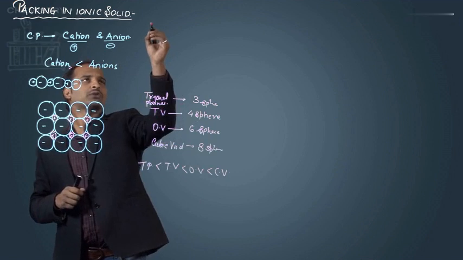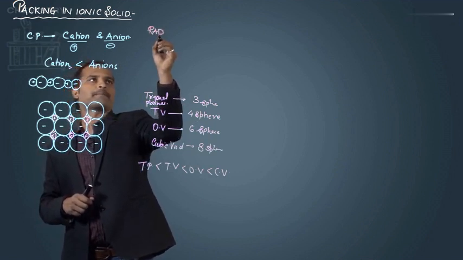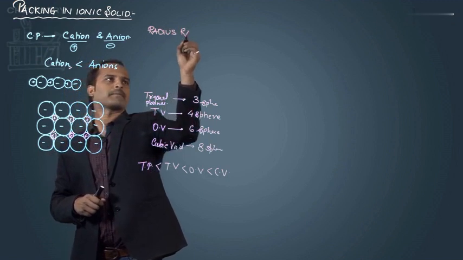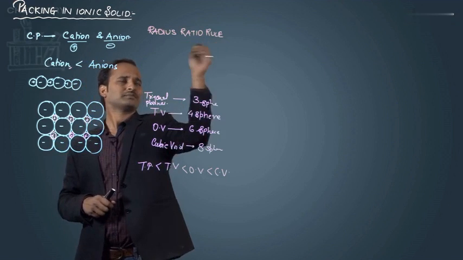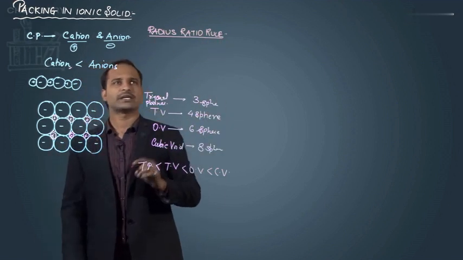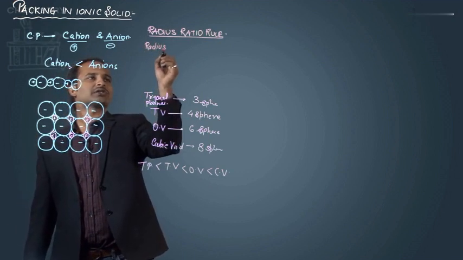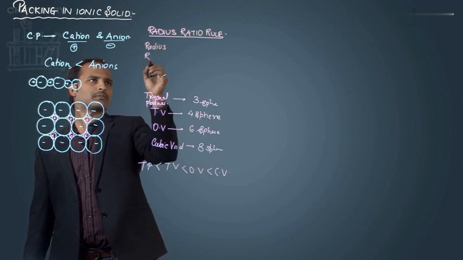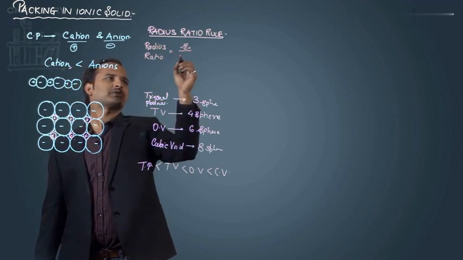Now we have a rule called the radius ratio rule, the radius ratio rule for the ionic solid. The radius ratio is nothing but the ratio of the radius of the cation to the radius of the anion.